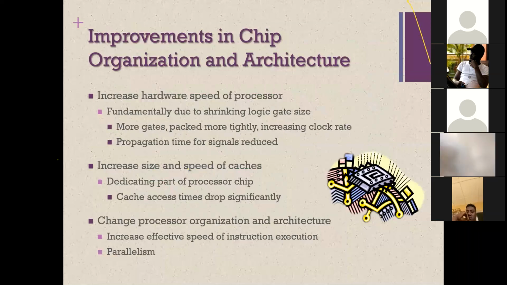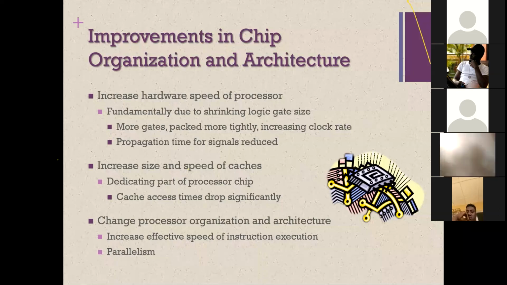So, improvements in chip organization and architecture. As designers wrestle with the challenge of balancing the processor performance with that of the main memory and other computer components, there is the need to increase the processor speed, which remains at the heart of the computer architect.